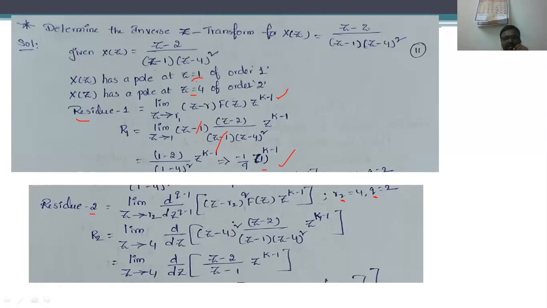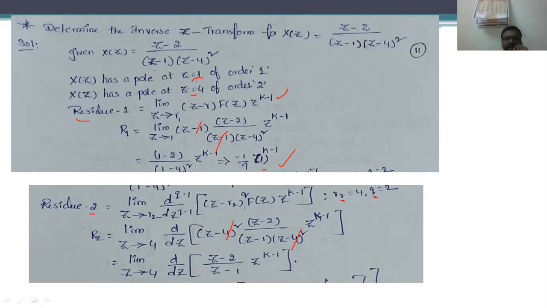So we are able to cancel this particular repeated pole. (z minus 4) whole square and (z minus 4) whole square get cancelled, and then we get the expression limit z tends to 4 of d by dz of (z minus 2) divided by (z minus 1) into z power k minus 1.